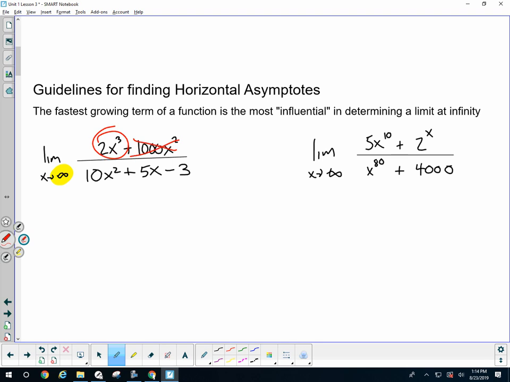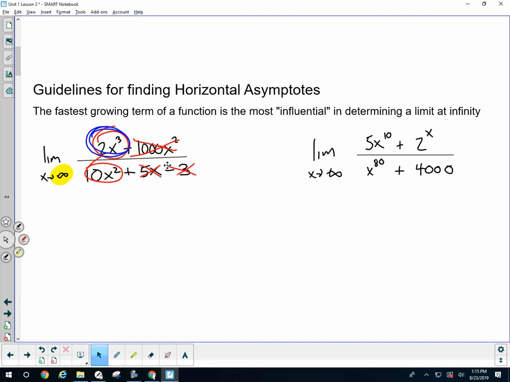Then the 10x squared is going to grow so fast that its number is going to be so much bigger than 5x or 3 that we will just be able to ignore the 5x and the 3. And then comparing the x cubed and the x squared, we will have faster growth in the numerator. And that will pretty much dictate what's going on when I look all the way to the right for this function.